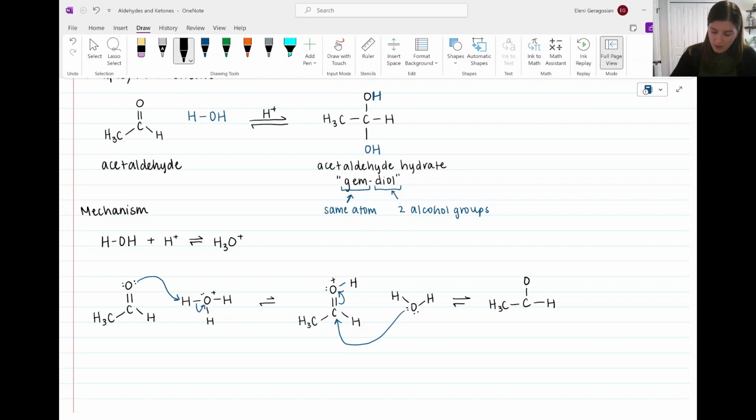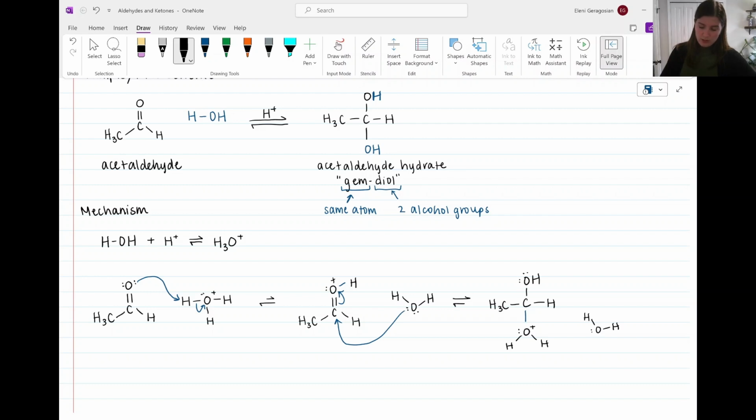We have an OH group at the top now that oxygen is neutral. And then we have water bonded to the carbonyl carbon. This oxygen is now positively charged. And our last step here is to do a proton transfer between this positively charged oxygen and another water molecule.